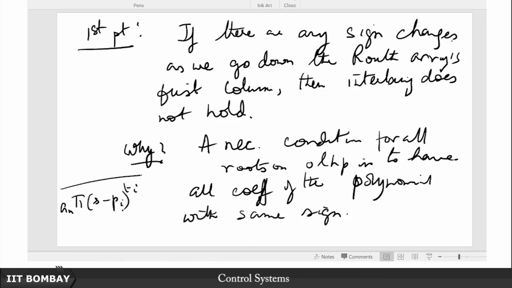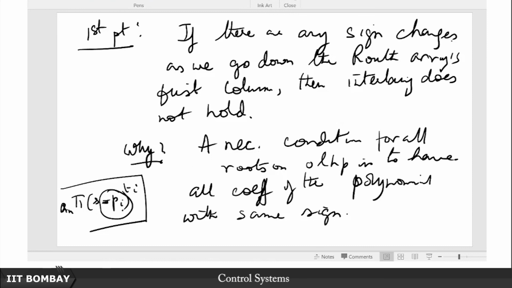If all of them are on the left half plane, then minus pi is a positive number. So you are going to multiply everything with a positive number. So every sign is determined by the sign of an only. If an is positive, then every coefficient is positive. If an is negative, then every coefficient is negative. Alright, so therefore it is a necessary condition.